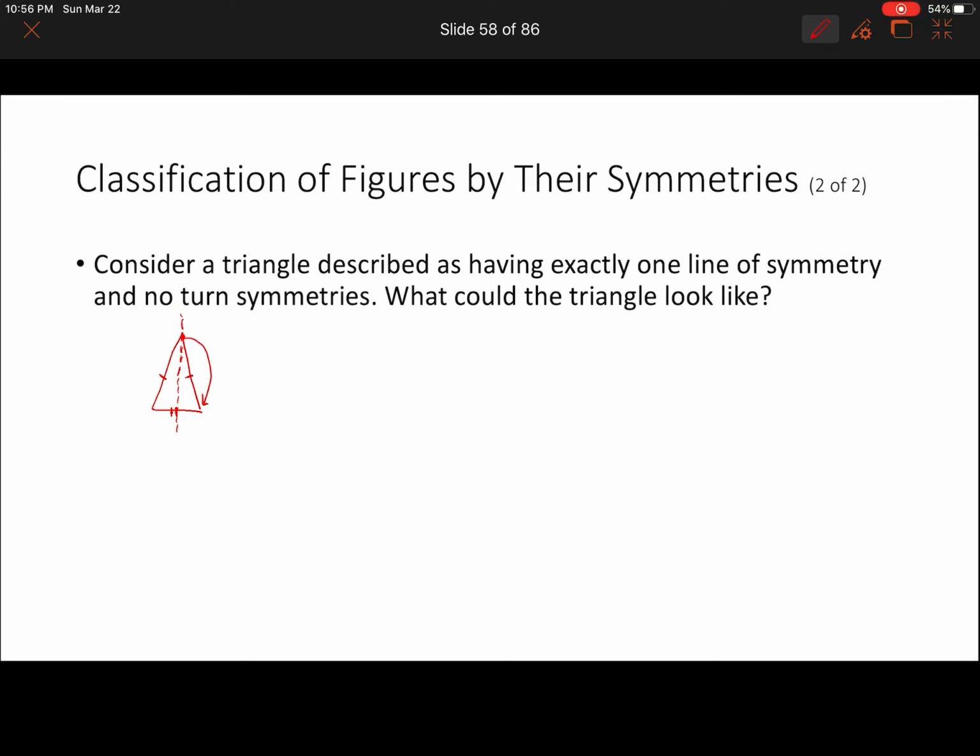So it's not going to line up. And if you were to rotate that point all the way to here, it also is not going to line up. And so because of that, it's not going to have any turn symmetry. And so really our only option is that it has to be an isosceles triangle. And you can see that here in this example.